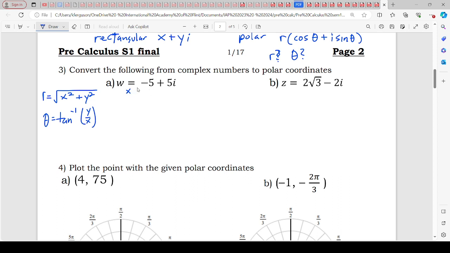My x for this is -5 and my y is +5, so I'm just going to plug and chug. r is going to equal the square root of -5 squared plus 5 squared, so that's 25 plus 25, the square root of 50, which is 5 square root of 2.